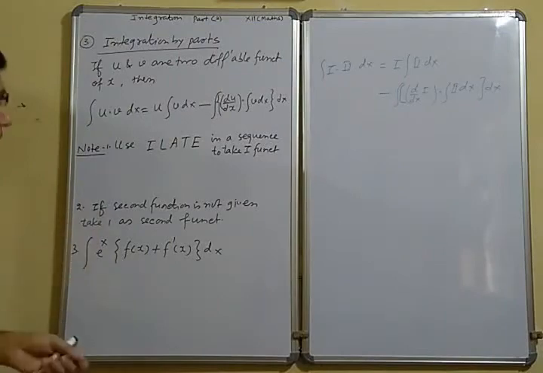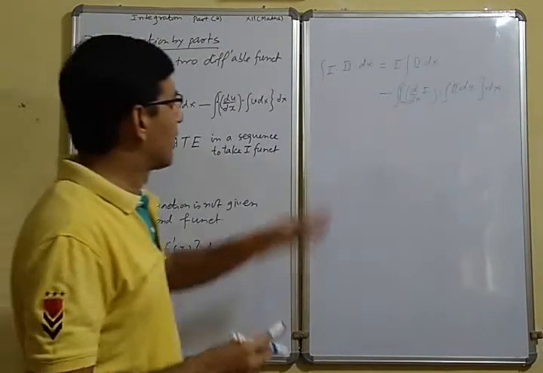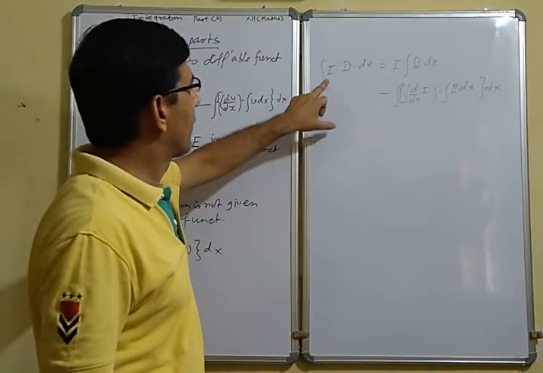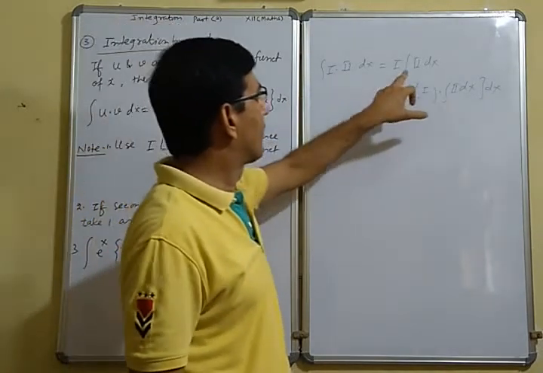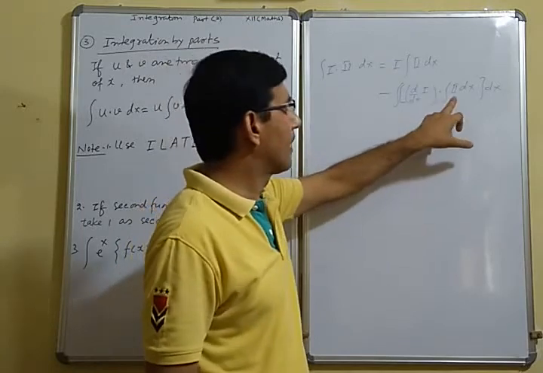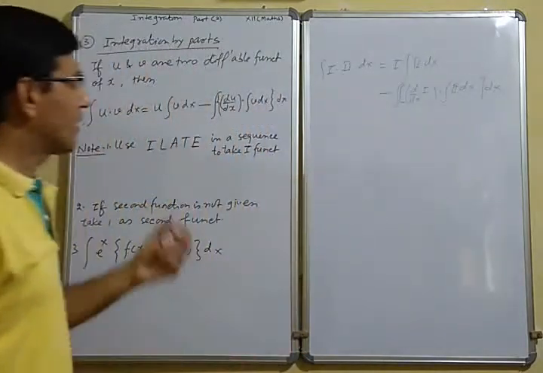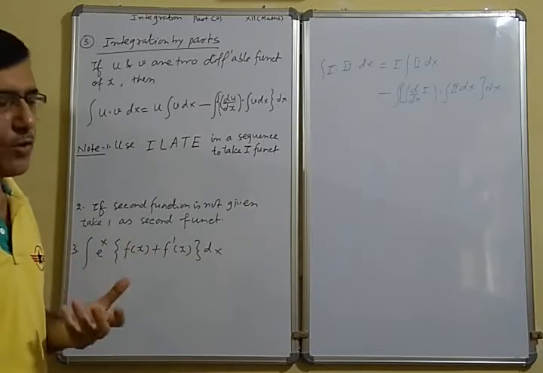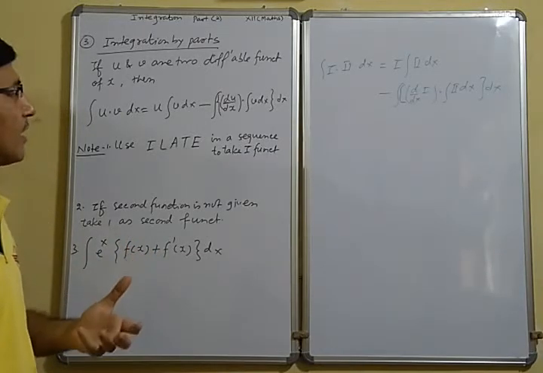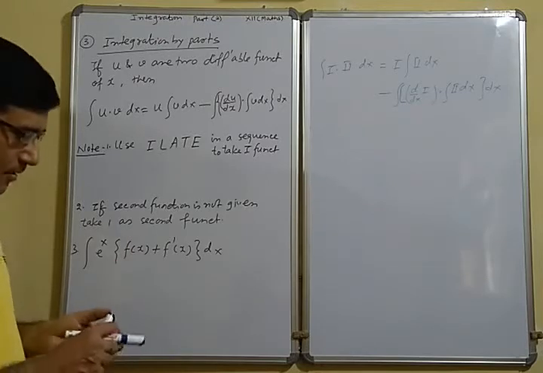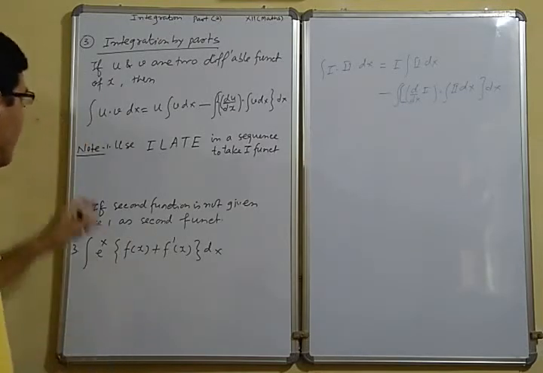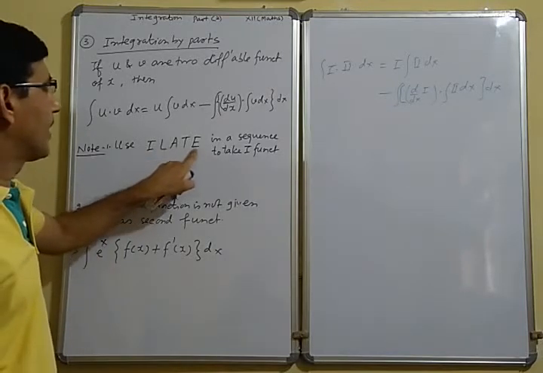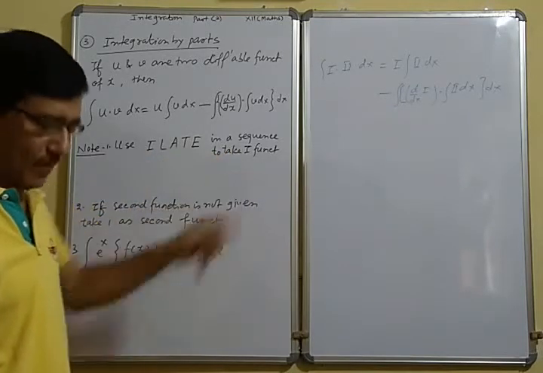This is the formula that we'll use for by parts. Now, which function do we take as first function and which as second? The function we can differentiate, we take as first, and the one we can integrate, we take as second function. If different functions like trigonometric, inverse, logarithmic, algebraic functions are there, one very important point: use ILATE in sequence to take the first function.